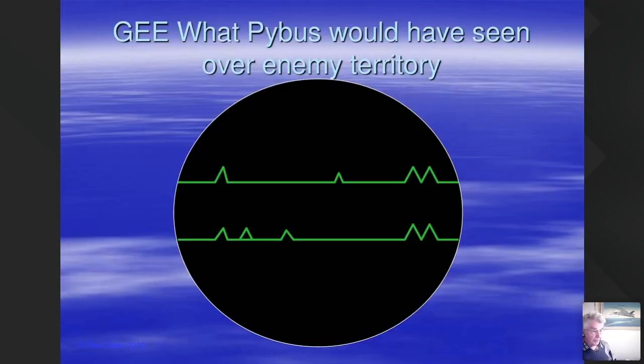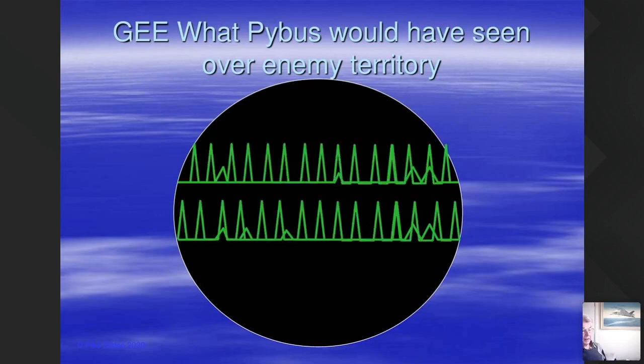Because as you flew away from Britain, the G signal would have got less and less. And the Germans very quickly learned how to jam G, so they would be jamming from Germany. And of course, their signal would have been getting stronger and stronger. So eventually, the G signals would disappear into the jamming. Because it's a green screen, it looks a bit like grass, and that's what it was called.